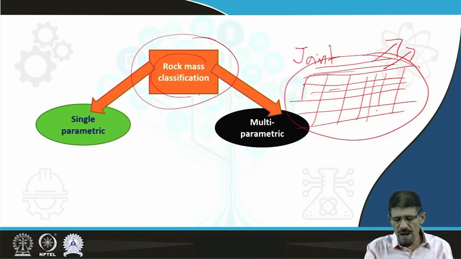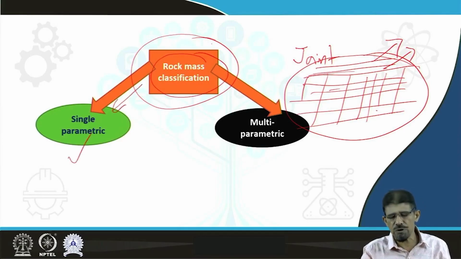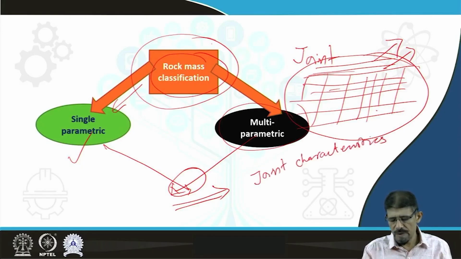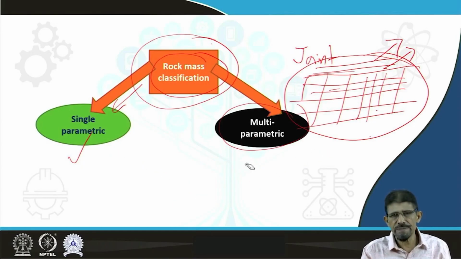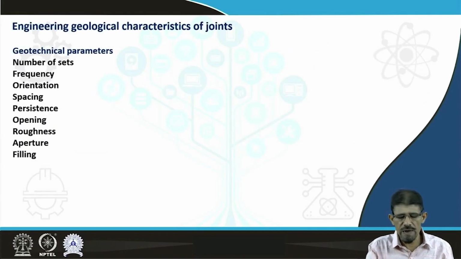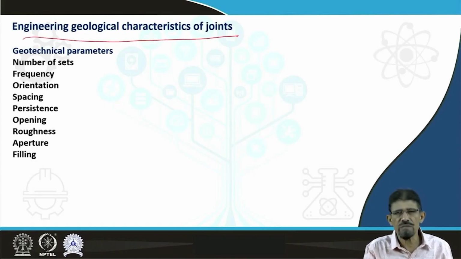So for rock mass categorization, we have two approaches, single parametric approach and multi-parametric approach. Both are confined to joint characteristics. This joint characteristic we are considering under the geotechnical or engineering geological characteristic of joint.